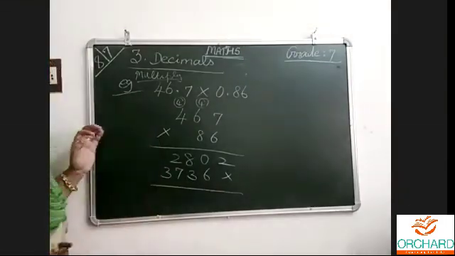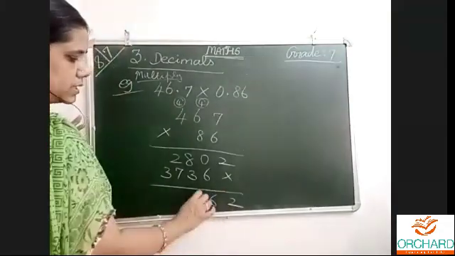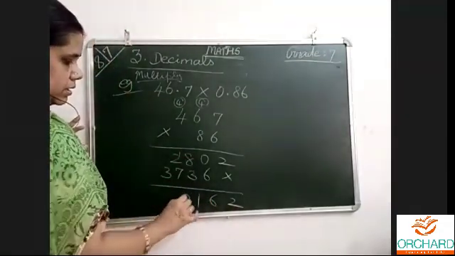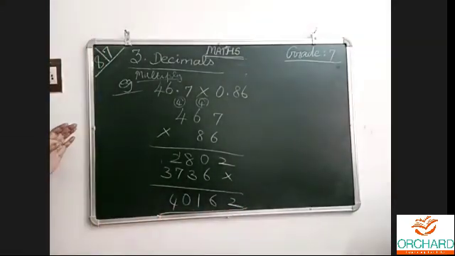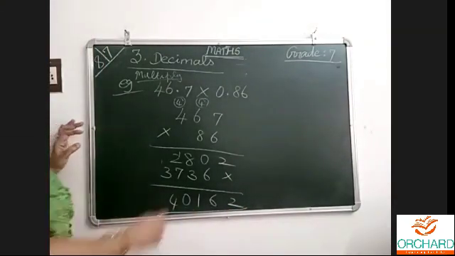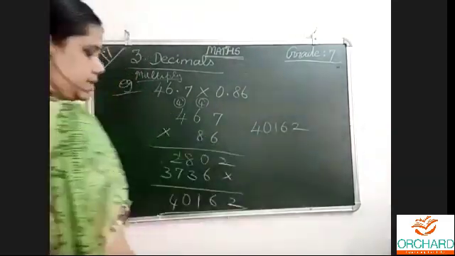So this is the normal multiplication only. Okay. Now I will write the number here. Now I will keep the point.